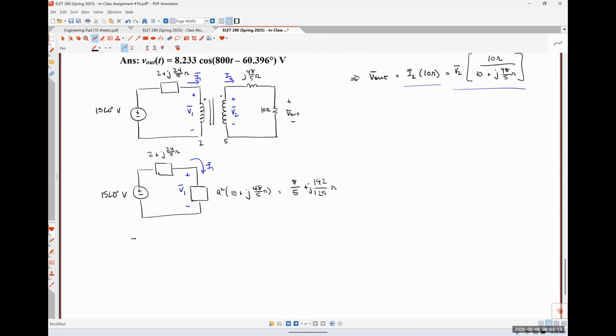So I1, using Ohm's law, is just going to be 15 angle 0 degrees volts divided by that 2 plus j24 over 5 ohms plus that 8/5 plus j192 over 125 ohms. And so I'm going to throw that into my calculator.